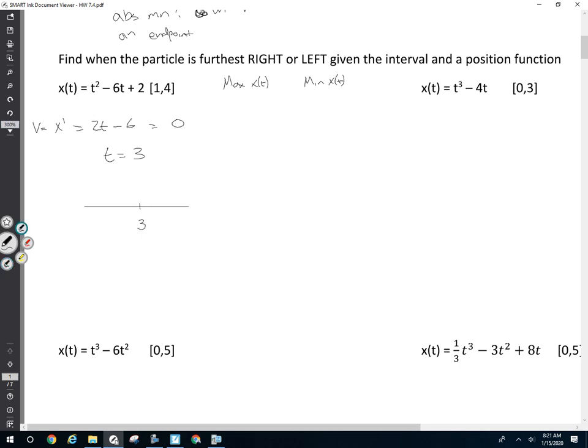So I got 3. I'm checking it between 1 and 4. Here's my velocity, which is x prime. I will plug in values. I see negatives until 3, positives until 4. I know for a fact that t equals 3 will be the absolute min, or furthest left.